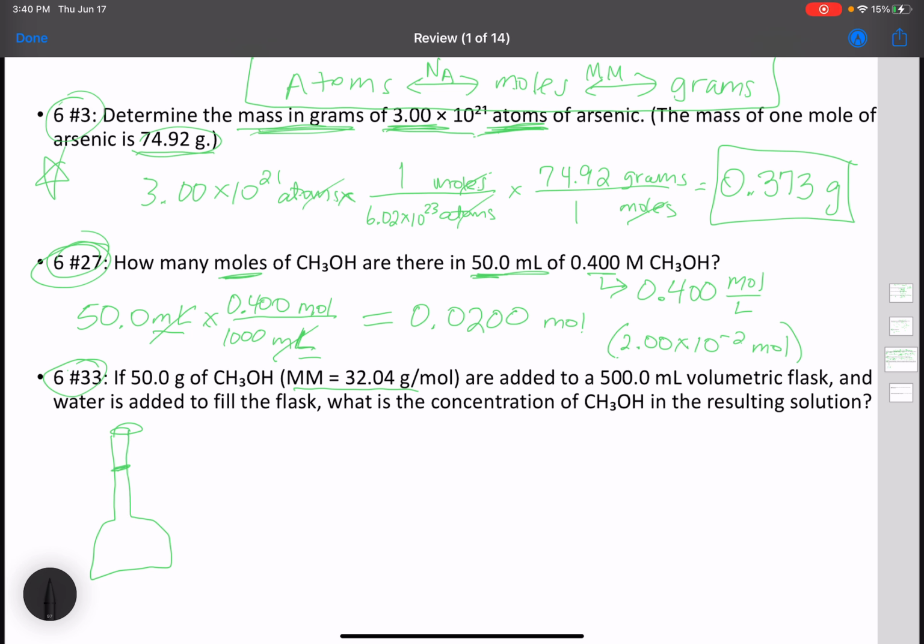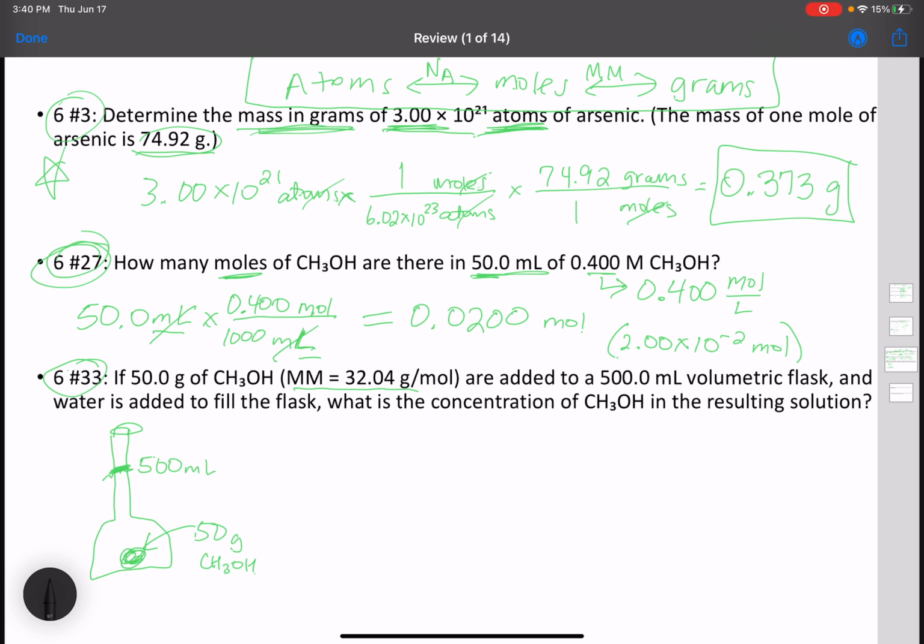I'm not an artist. This is supposed to be my volumetric flask. It has a volume of 500 milliliters. And what I put in it is 50 grams of methanol. Okay, so I have 500 milliliters, and then I fill it with water.